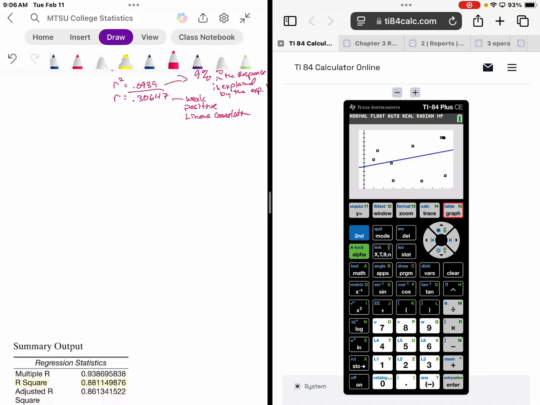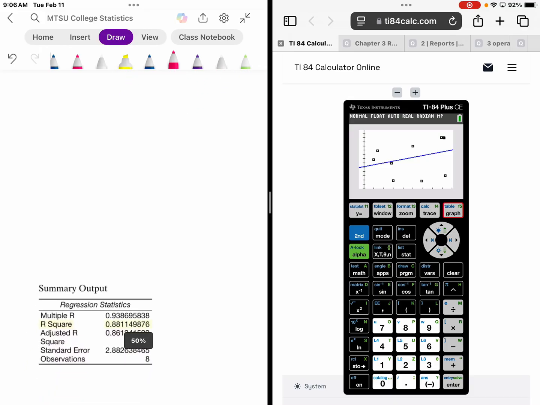Probably not. And is there wind outside? Is the wind coming at where I'm hitting or from behind? That's going to affect how far that ball travels. Those are the lurking variables that are not explained by the explanatory variable.